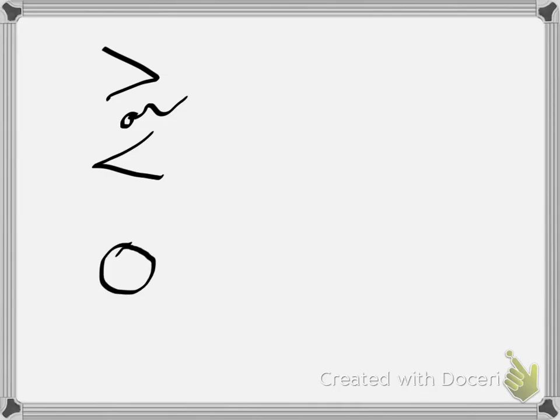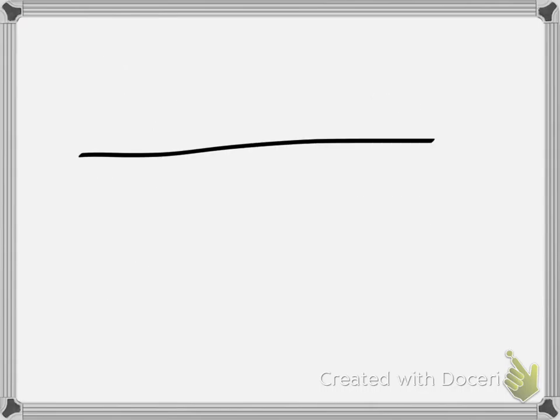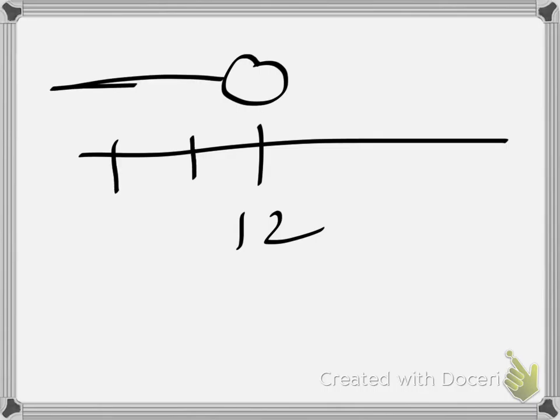So for these, if we have greater than or less than, we're going to put in basically an open circle for the ones with the arrows. If we have greater than or equal to or less than or equal to, we're going to fill in that circle because we're including that. So the example would be, for instance, if a restaurant said children under 12 eat free.